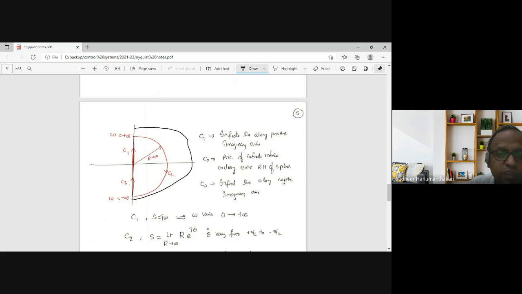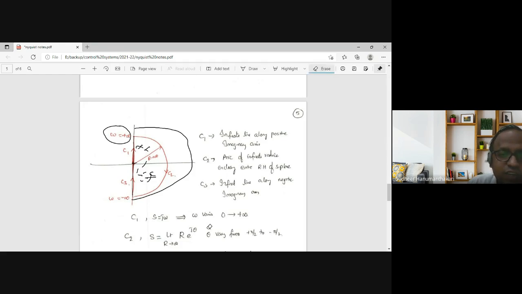Take the length of the imaginary axis at plus infinity and start drawing the arc with infinite radius, and complete the length up to the origin. So this contour encloses the entire right hand side of the S plane. Whatever zeros or poles are present on the RHS will be enclosed by this contour.